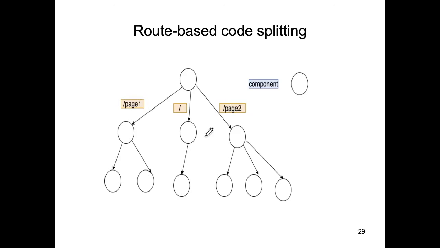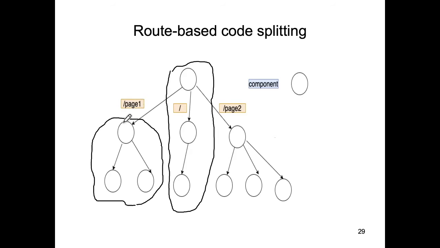So arguably, when the user navigates to this application, the only components that we need are these ones here. So our main bundle should only contain those components. We don't need any of these on the left or right. It's only when they navigate to /page1 that we need these components, so we could put these components into a separate bundle.